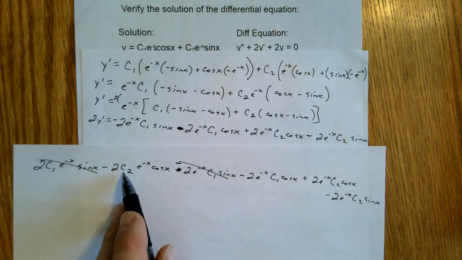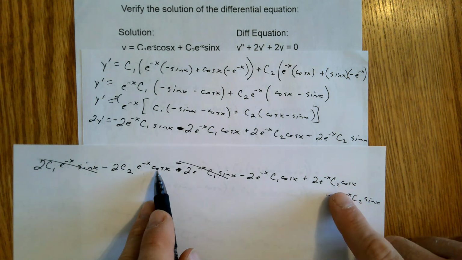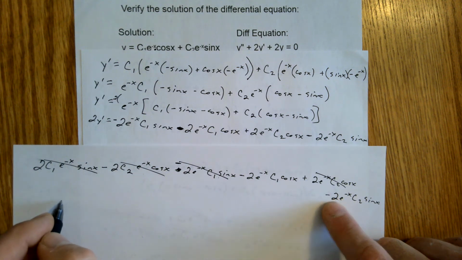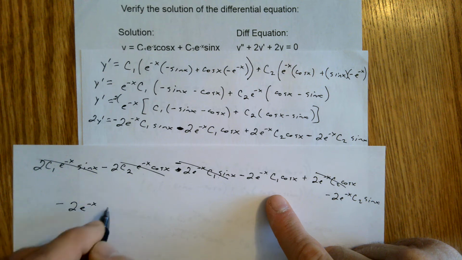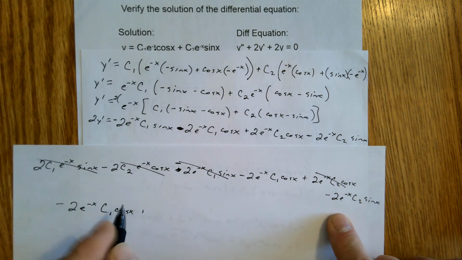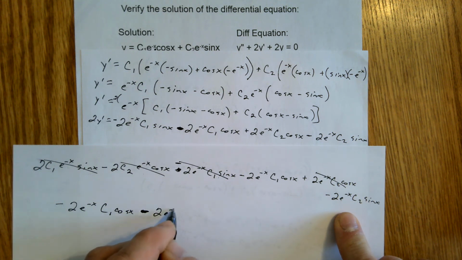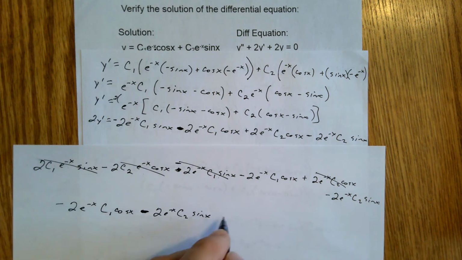I have a negative 2 c sub 2 e to the negative x cosine of x, and here I have a positive 2 e to the negative x c sub 2 cosine of x. So those are going to cancel each other out. So now I have a negative 2 e to the negative x c sub 1 cosine of x minus, always that minus, 2 e to the negative x c sub 2 sine of x.